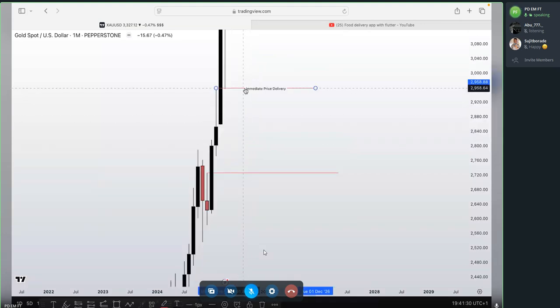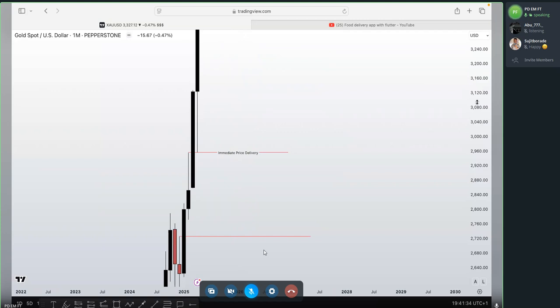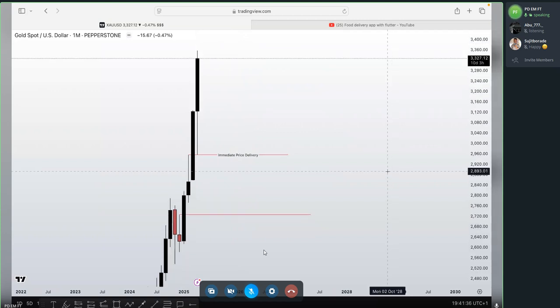This one. So you can see this one. I think this is the recent one I used to execute last week. One swing trade. I mean, this is where it started. This is immediate price delivery. This is the candle's high, and you can see the next candle just tapped on it, and I moved. I think it was 5 minutes after, and I executed.